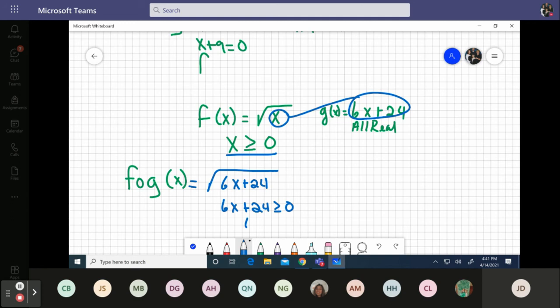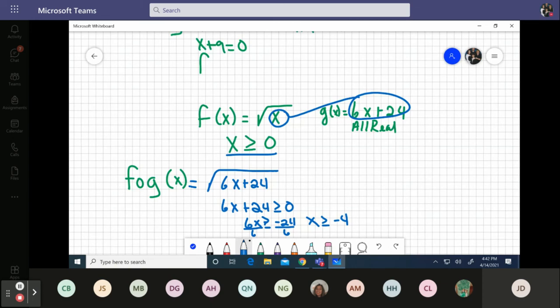So I'm going to subtract that 24, and 6x is greater than or equal to negative 24. And divide by that 6. X is greater than or equal to a negative 4. That's going to be my domain. Anything smaller than a negative 4 is not going to be on my graph.